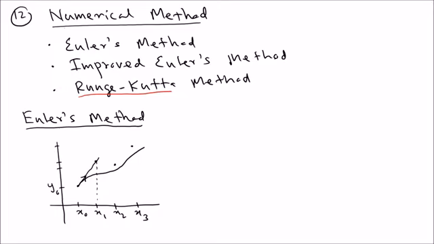So that is y1. Now we can use that value and also use the slope at the point to find the next value. If you draw the slope at that point, you can see it's going to go like that. So that is y2.